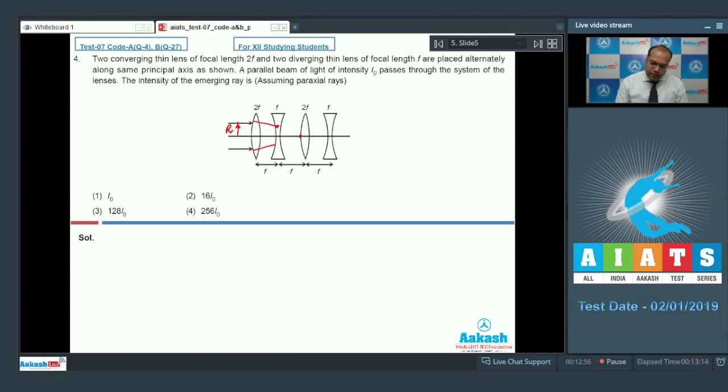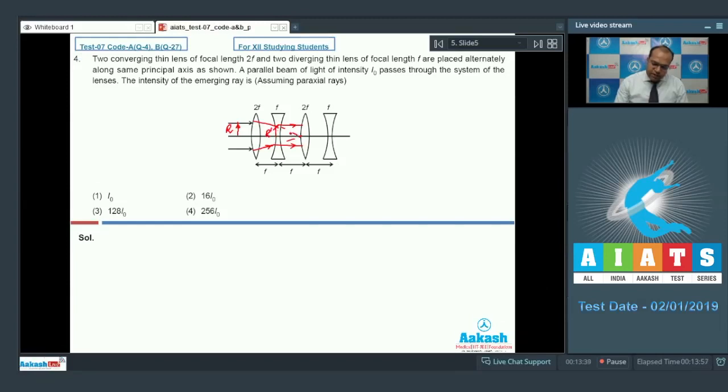But when these rays are incident on this diverging lens of focal length f, since they are about to focus at this point, which is the focal point of this lens, the incident rays now become parallel. So this will move in this direction. Let the radius at this incidence be r dash.